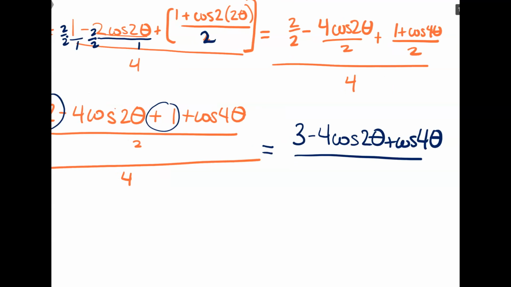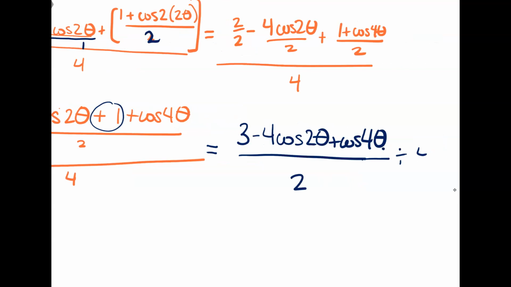Now, this is all over 2, and I'm dividing by 4. Instead of dividing by 4, I can multiply by the reciprocal, which is 1/4. Oh, why is this not working? So I'm dividing by 4. Instead of dividing by 4, I can multiply by 1/4.